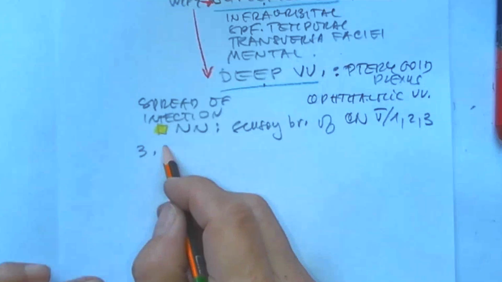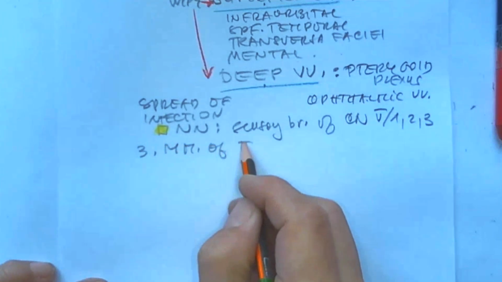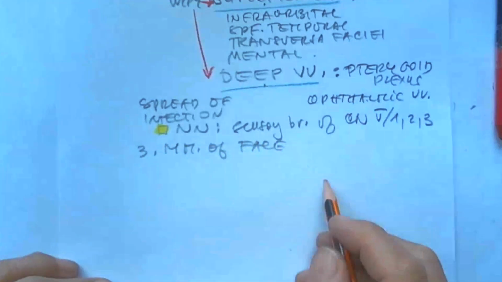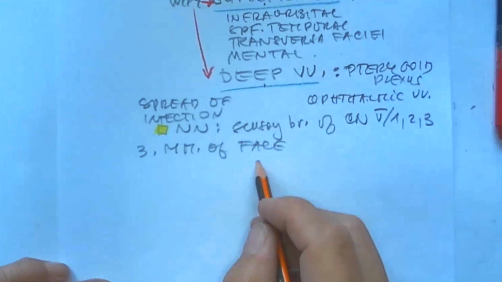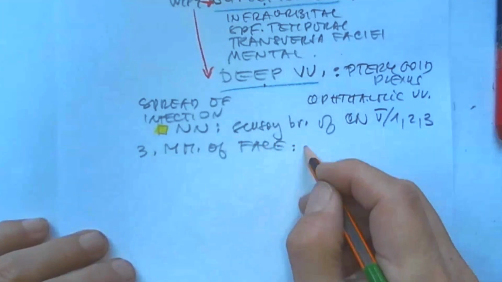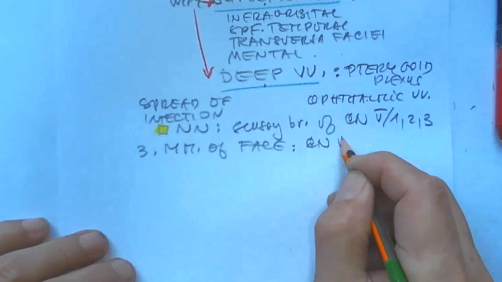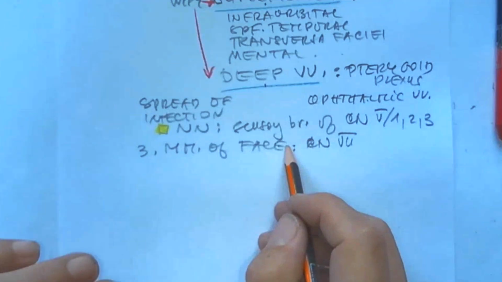Then there is the layer of the muscles of the face, or deeper are muscles of mastication. So muscles of the face, including cranial nerve number 7, supplying muscles of the face.